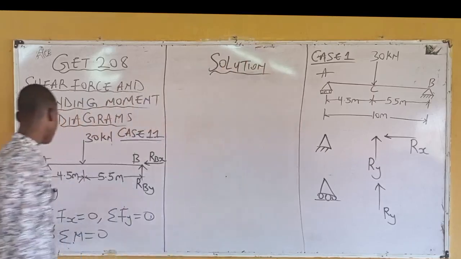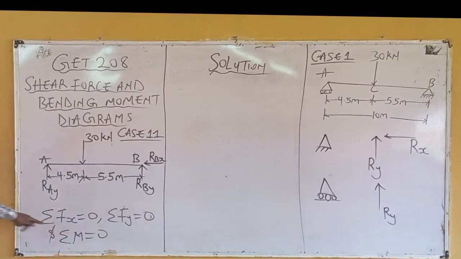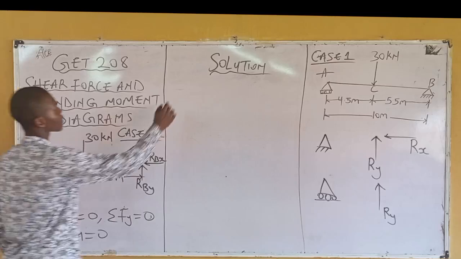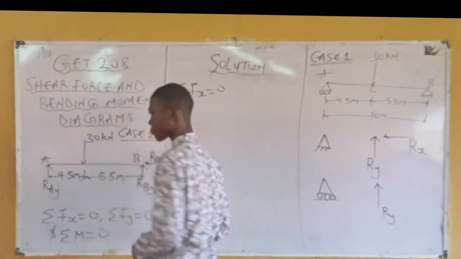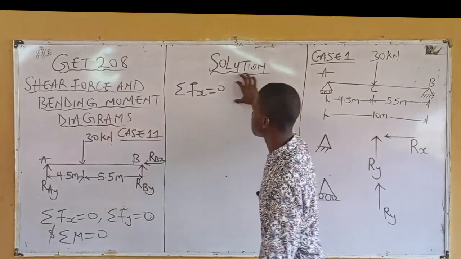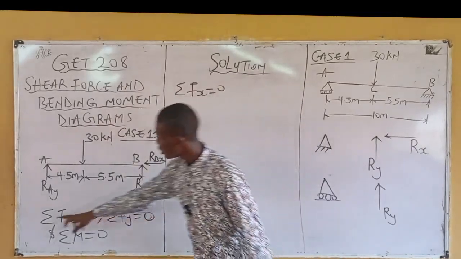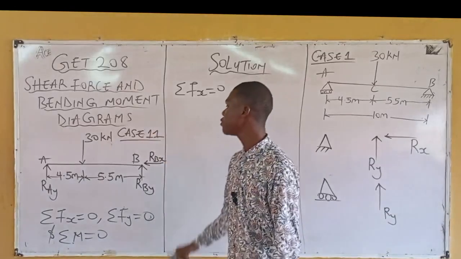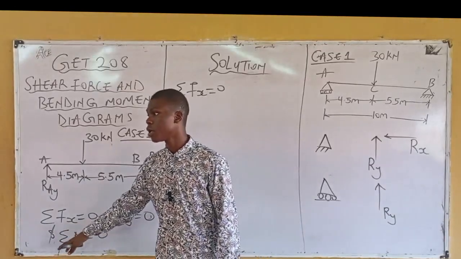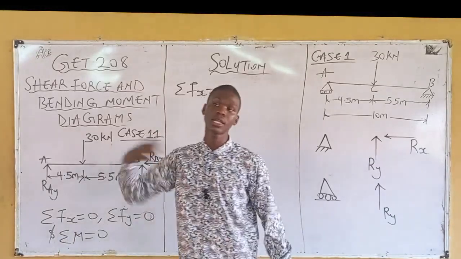Let's consider this first condition of equilibrium. Summation Fx equals what? 0. When we say summation Fx equals 0, each equation has a sign convention, meaning positive force and negative force.